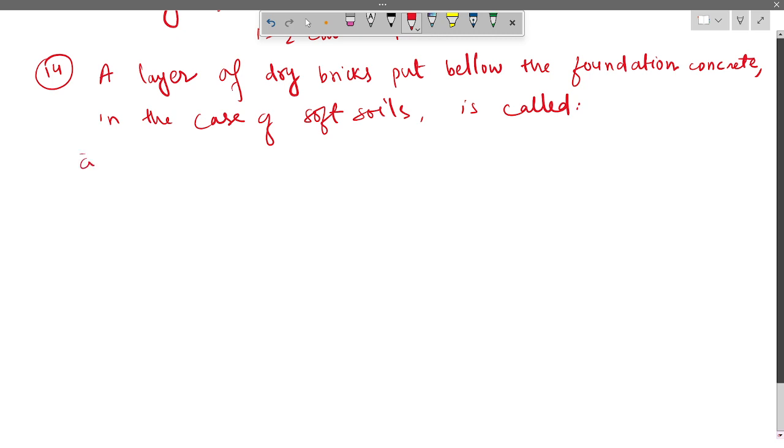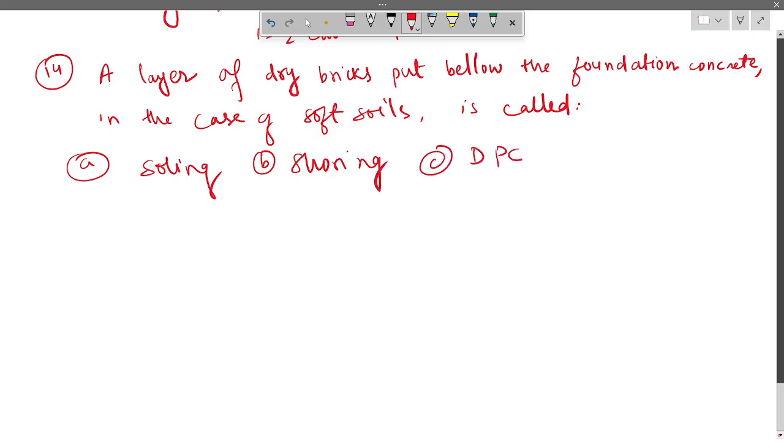Four options as usual: A, shoring, B, you know, shoring, C, DPC, and D is none of these. Then what is the question?